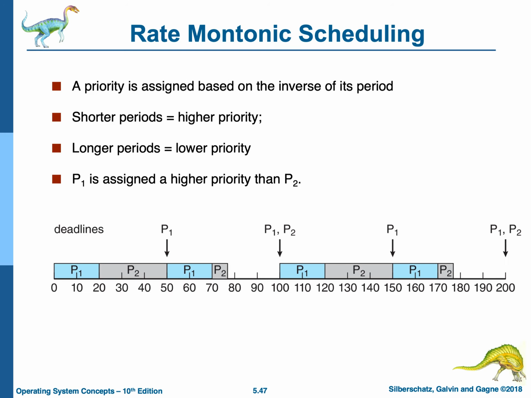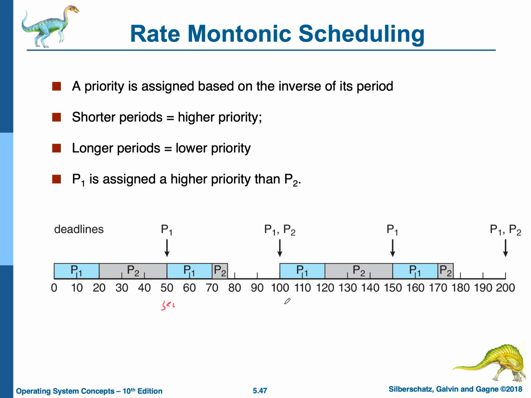Now, if this is periodic, then the rate is monotonic. This means a priority is assigned based on the inverse of its period: the shorter the period, the higher the priority, and longer periods get lower priority. Here are the deadlines. P1 must be completed by, let's say, 50 time units.